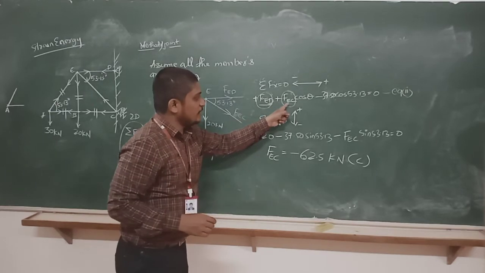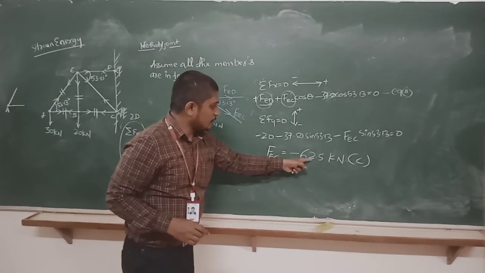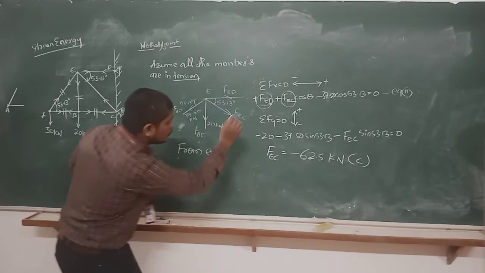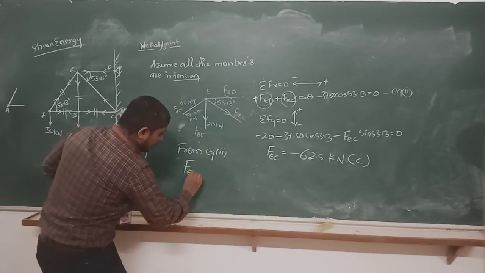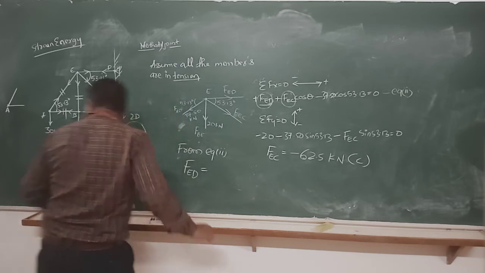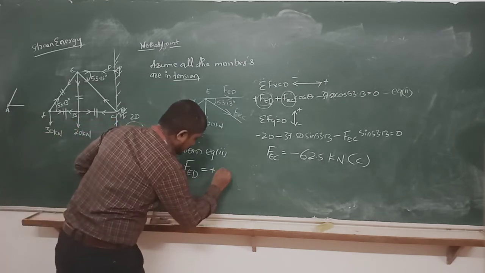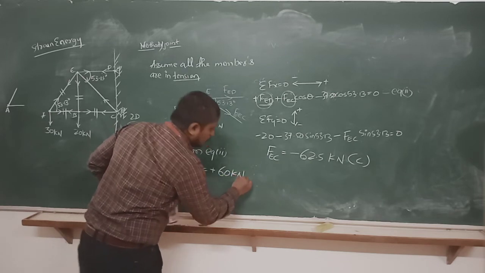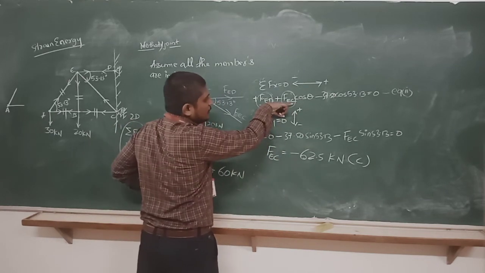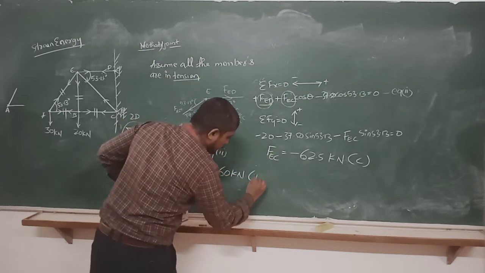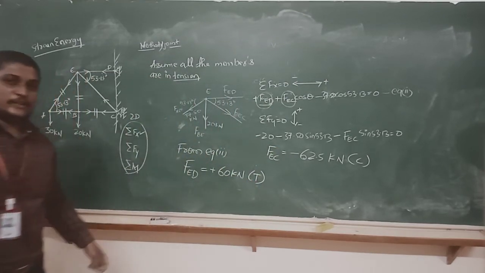So you put the FEC value in, as we have already calculated this, so as to get the FED value. Therefore from equation 2, FED will come as 60 kilonewton, positive. Just substitute this value in this and you will get the FED value. Positive means it is a tension.